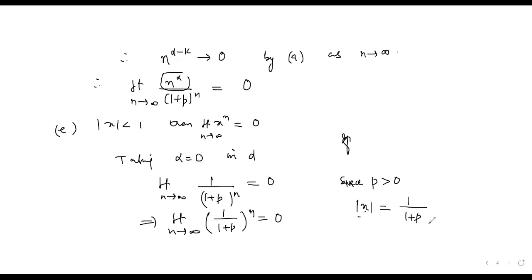So you can replace this 1 by 1 plus p by mod x, which implies that limit n approaches infinity of this, since it is positive, I can just take it to be x. Positive means x or mod x are the same. So this is equal to 0, and we are done by the same principle. So these parts are finished.